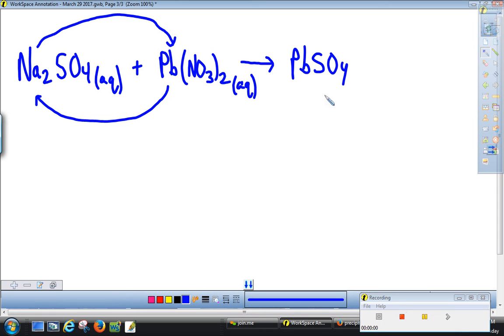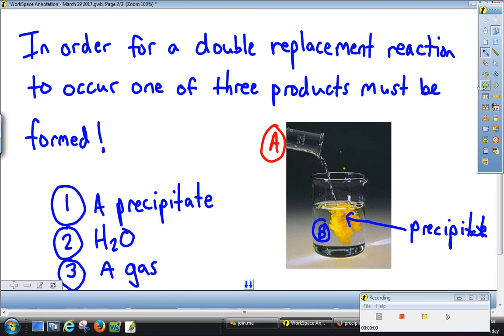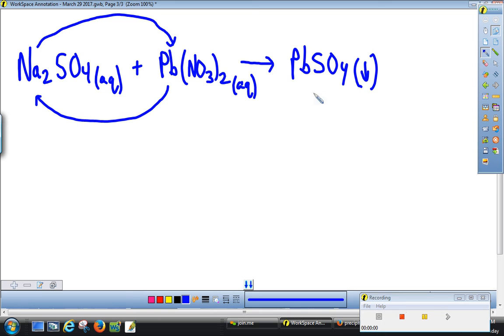We have to look at our solubility chart and see, does it dissolve or not? Where it intersects on my solubility chart, it says S, solid, and that means precipitate. So this down arrow means it's going to be a solid, a precipitate that's going to form, just like we saw with this yellow cloudiness. We show that this special solid produced in the reaction is a precipitate by putting a down arrow.